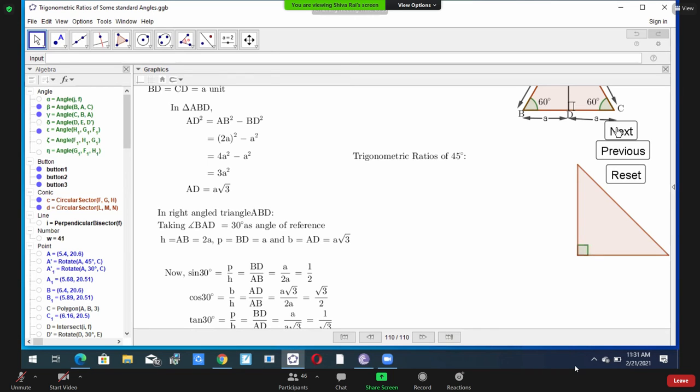This is 90 degree, this is 45 degree, and the other angle is also 45. We are taking AB equal to A, BC equal to A. If this is A, this is A, we will get this side equal to A root 2 by Pythagoras theorem, by the Pythagorean relation. Everyone look here.